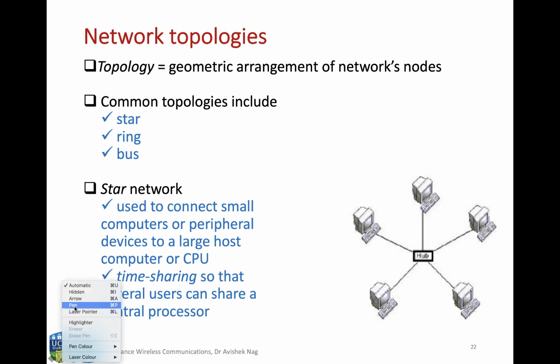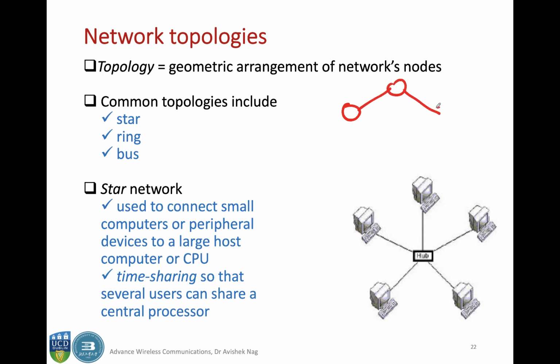So in the last lecture, you saw a topology like this. We had some switching nodes, and they were connected like this, and then there were some end systems attached to these switching nodes.